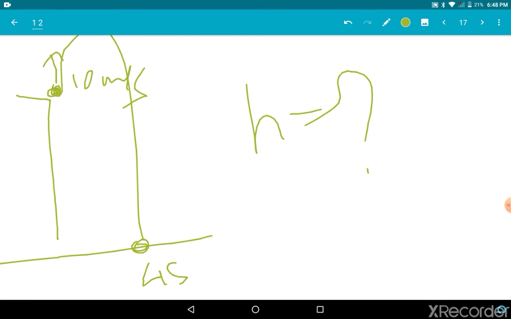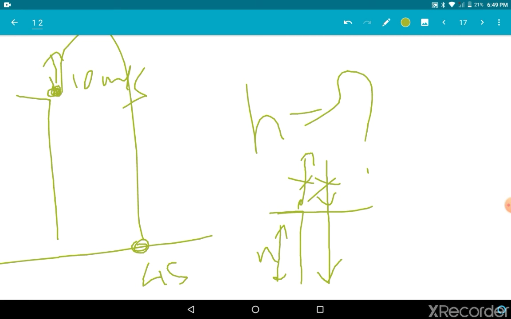So can you see what is the displacement? If this is the tower, the ball goes from here first, then falls down like this. Have you ever thrown a ball? It goes like this. So the displacement is nothing but the height of the tower, because these two vectors get cancelled. Now, since the motion of the body is upwards, we take upwards to be positive, downwards to be negative.